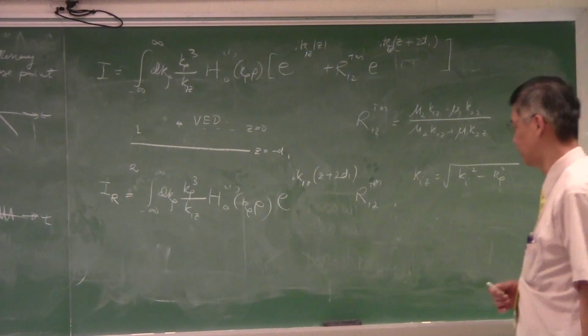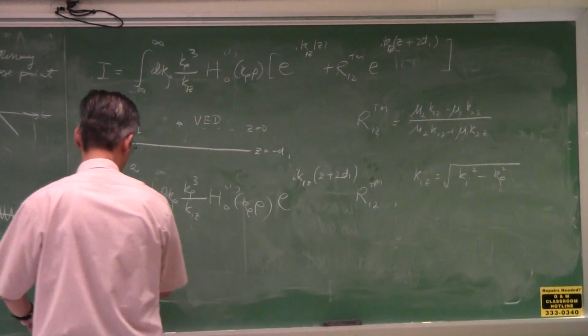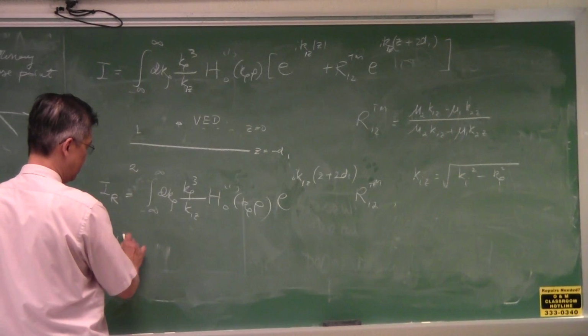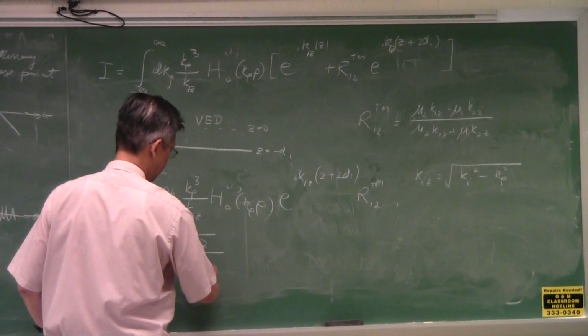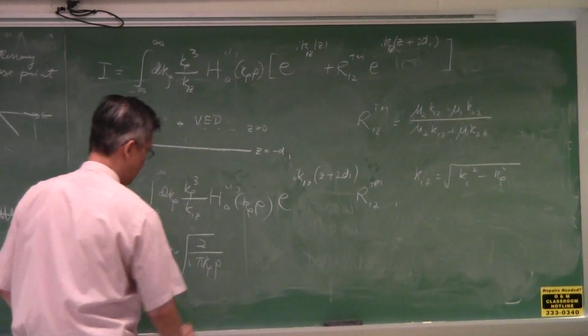Okay, let's see how we do that. We know that H0(1)(kρρ) has an asymptotic value of this form.